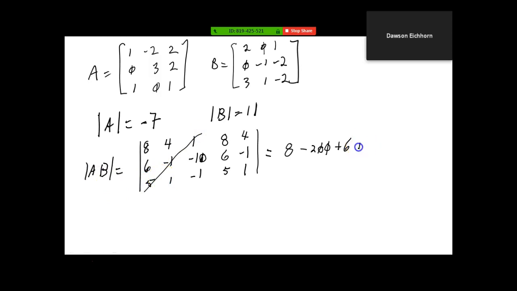Plus 5. And this one would be plus 80. And that last one would be plus 24. Okay. Whole bunch of pluses here. So 80 and 24 is 104. And then add a 6 to that and you get 110.